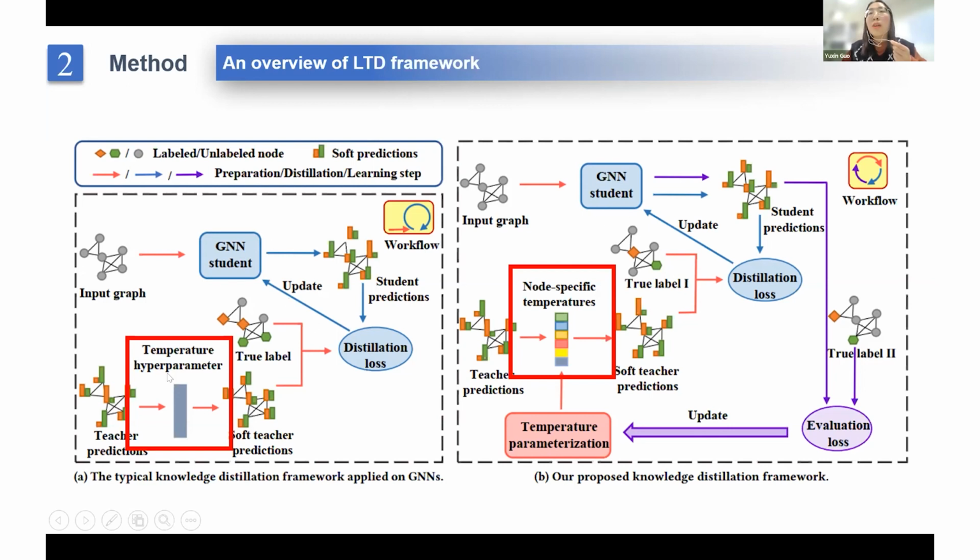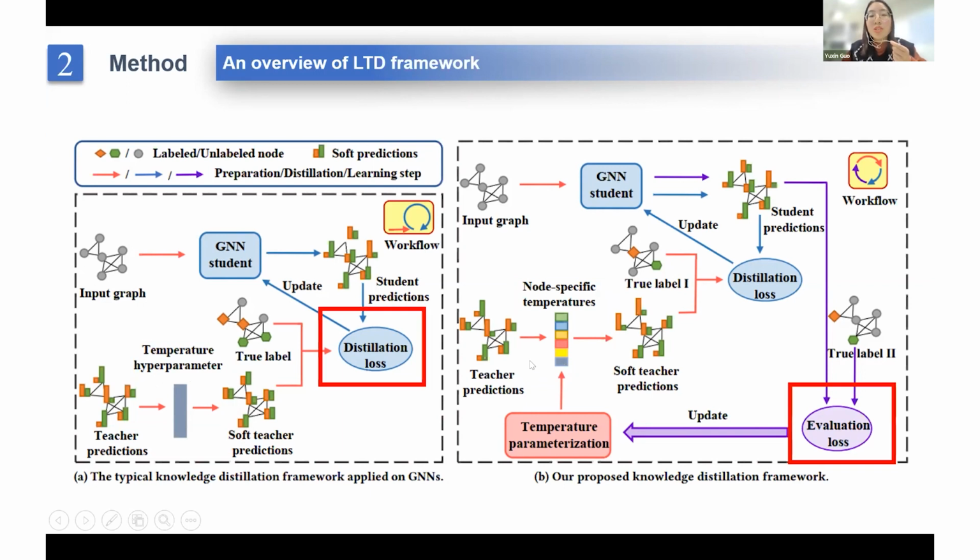Compared with the typical knowledge distillation framework, we proposed to learn node-specific temperature, while others use a fixed global temperature hyperparameter. Specifically, we parameterize each node's temperature by a function of its neighbors' encoding and predictions.